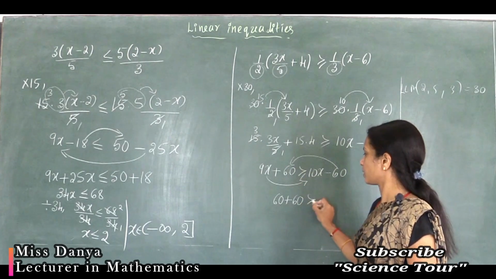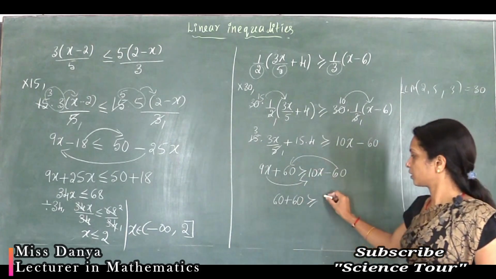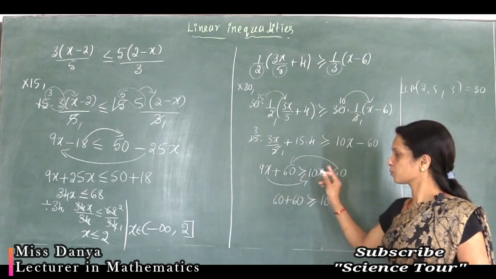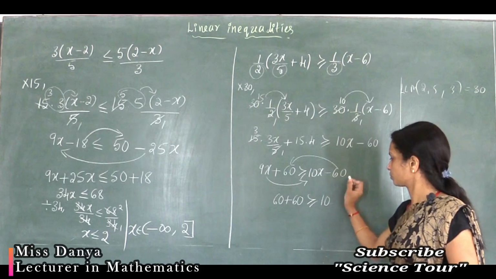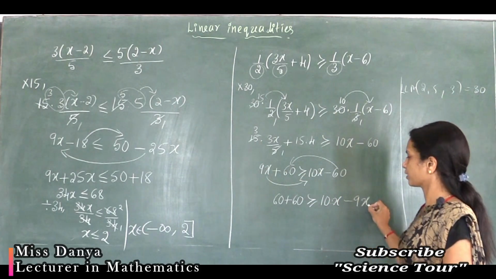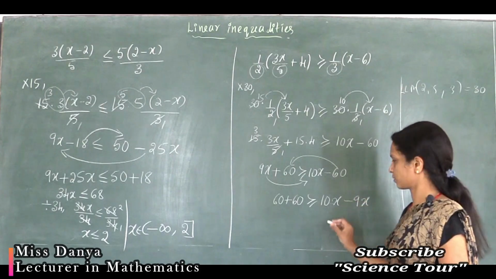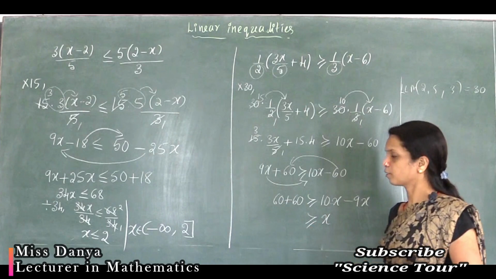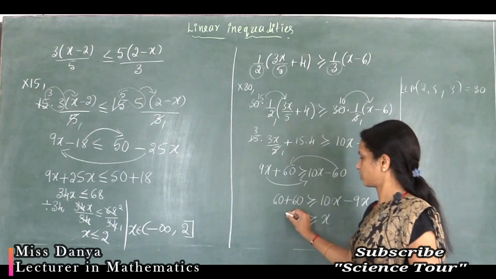The greater than symbol stays as it is, and 10x is already there on the right side, so write it without change. 9x we are shifting to the other side as minus 9x. 10x minus 9x is 1x, that is x. And the symbol greater than or equal to, and 60 plus 60, that is 120.